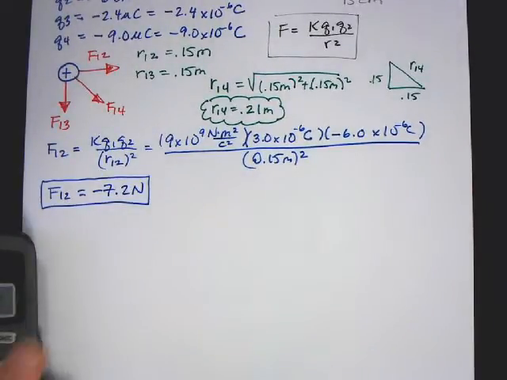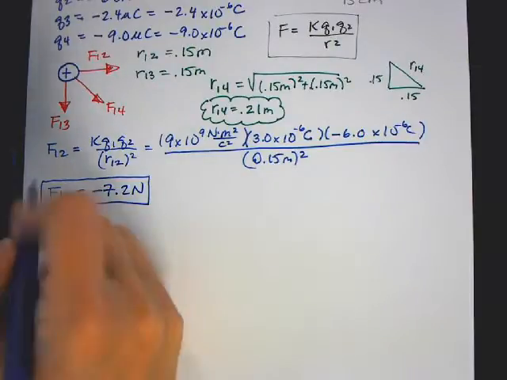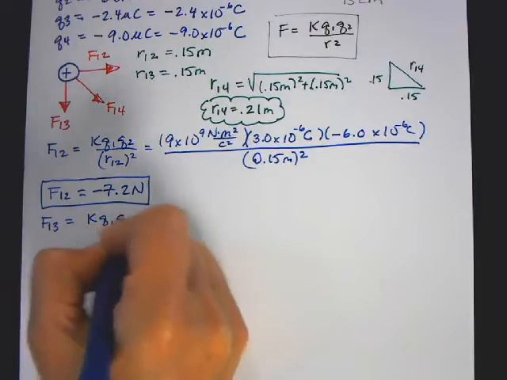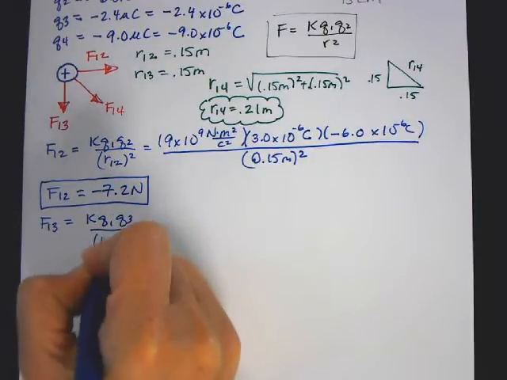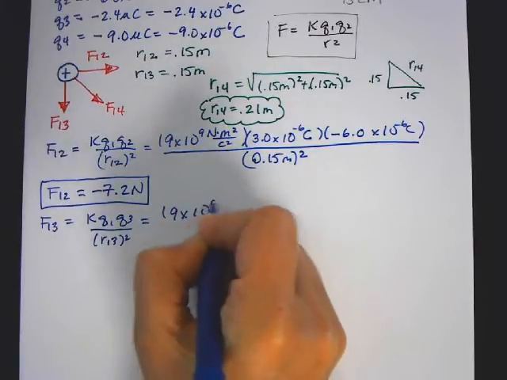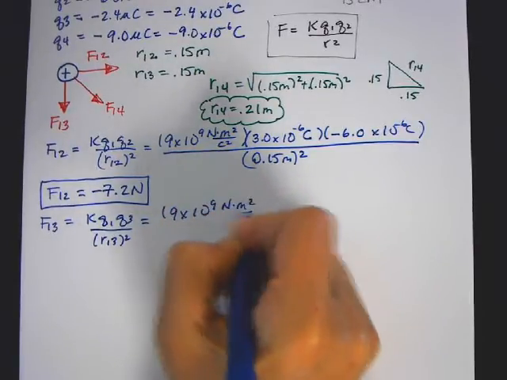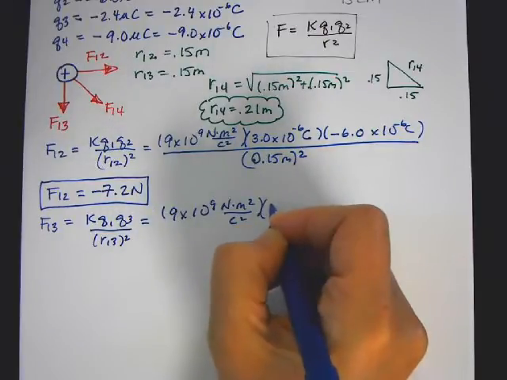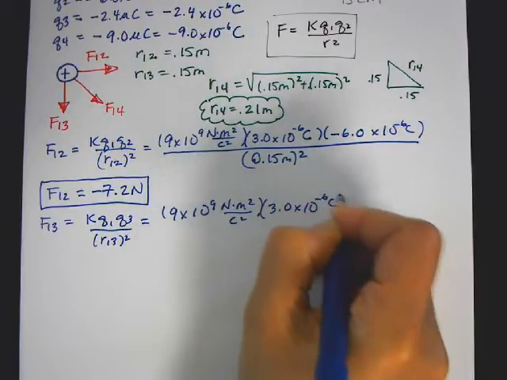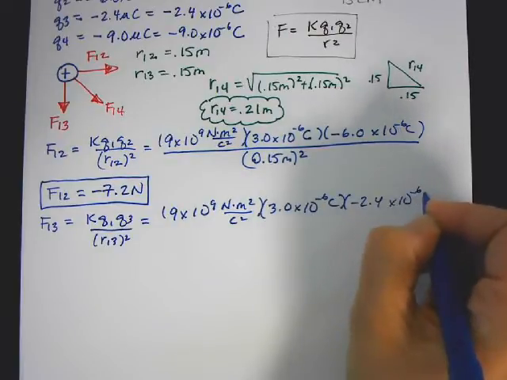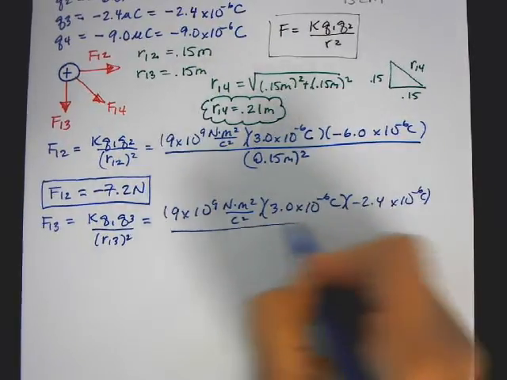So I find F13 is equal to K, Q1, Q3 over R13 squared. So that's 9 times 10 to the 9 Newton meter squared per Coulomb squared times 3.0 times 10 to the negative 6 coulombs times negative 2.4 times 10 to the negative 6 coulombs divided by 0.15 meters squared.